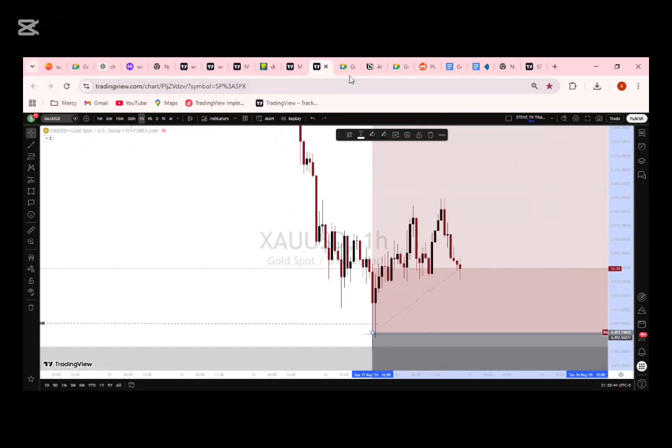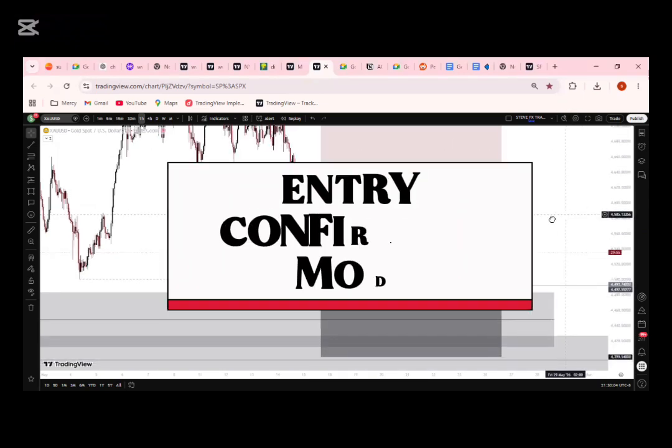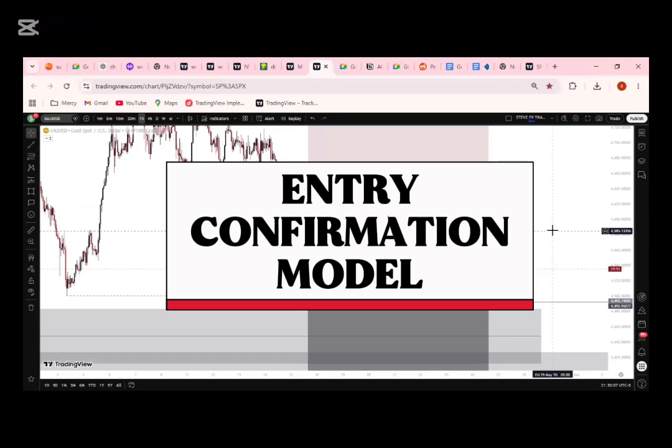on the market. Now that is it when it comes to the conditions for a valid refined order block. The next thing that we are going to talk about is entry confirmation.